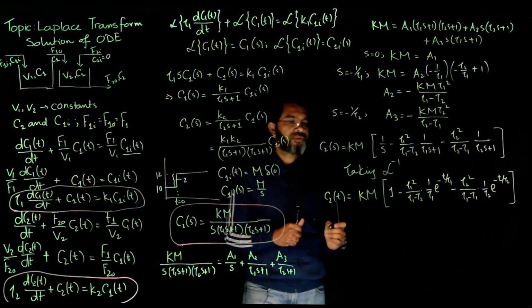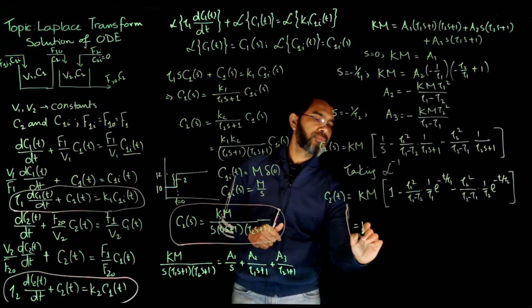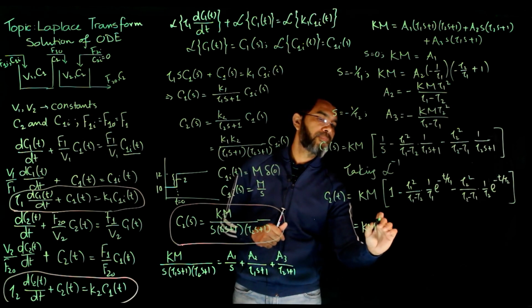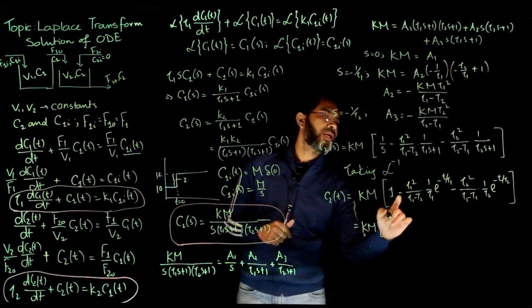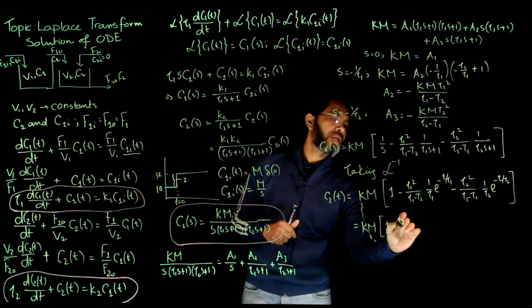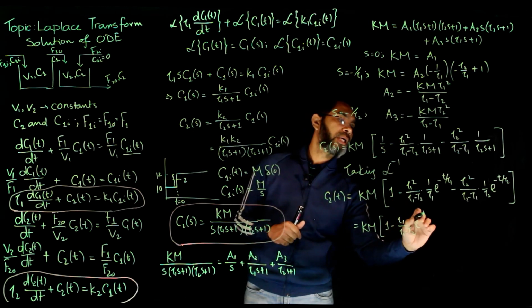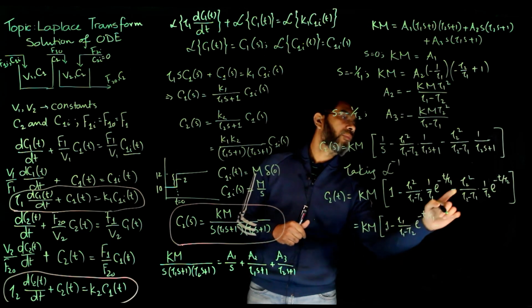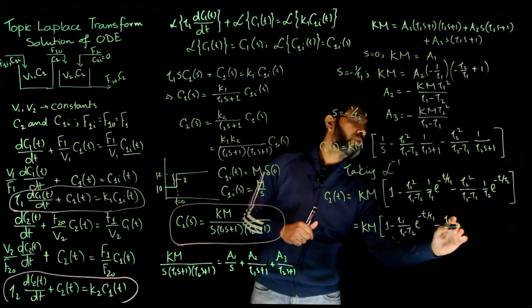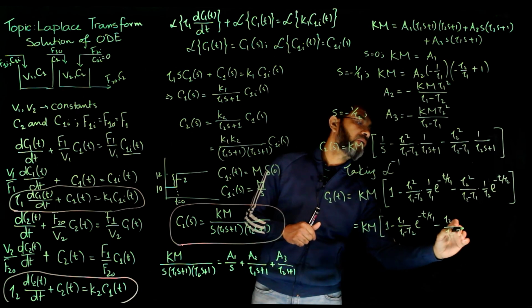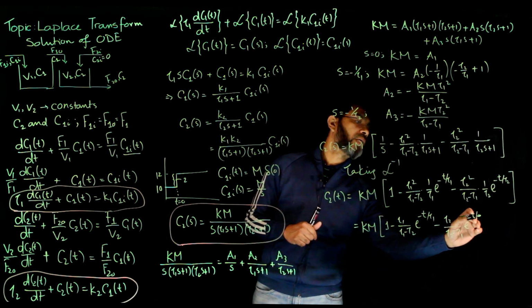Okay. Just for further simplification, we can get Km times 1 minus tau 1 over tau 1 minus tau 2 e to the negative t over tau 1, minus tau 2 over tau 2 minus tau 1 e to the negative t over tau 2.